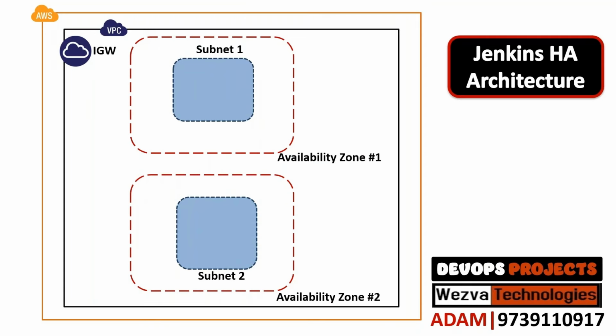And in this network, let's also assume I have two separate subnets, because high availability inside a particular region means if you are running a machine in one subnet in a particular availability zone, meaning a particular building in the Mumbai region, and for any reason the machine in this availability zone crashes, you should be automatically able to recreate another machine in a different availability zone in the same region.